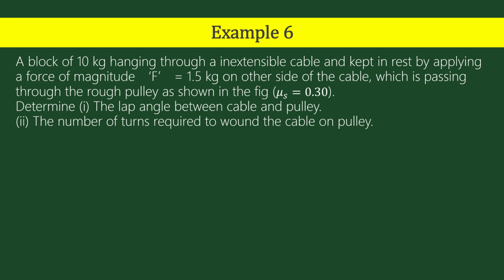Determine, number 1, the lap angle between cable and pulley, and number 2, the number of turns required to wrap the cable on the pulley. Now, lap angle and number of turns are one and the same, just expressed in other units. So in short we have to find the lap angle. Once you get the lap angle in radians, it can be converted into number of turns easily.